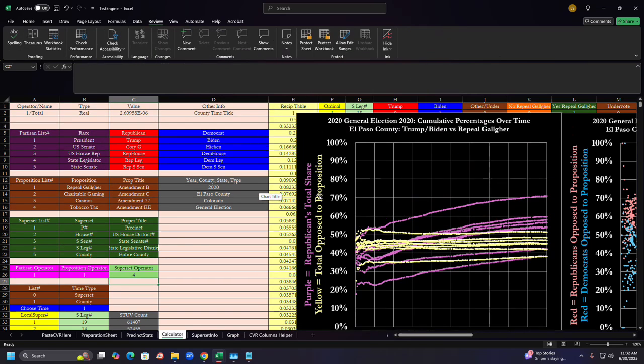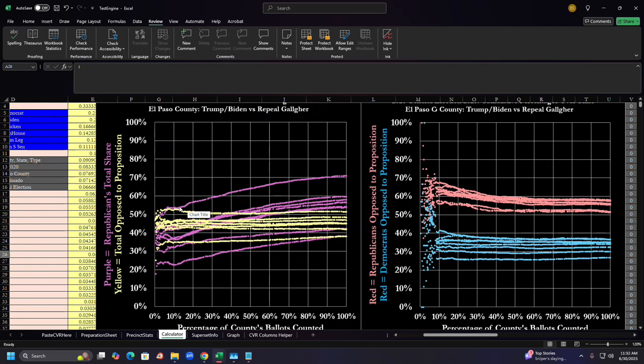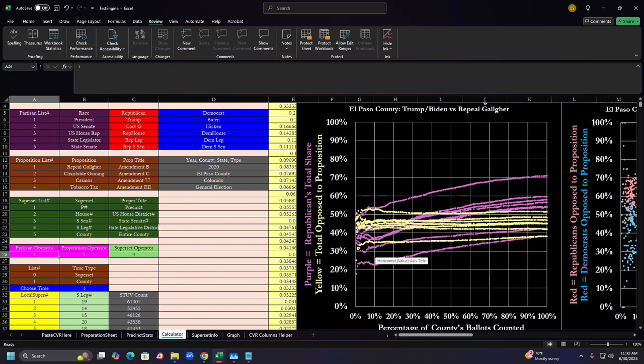And what we see here is that because we chose Trump, Trump's total share of the vote in purple keeps increasing over time, in every single legislative district, in perfect parallel lockstep motion. The beige line is the opposition rate to repeal Gallagher. So even though everybody is voting more and more for Trump over time, they go from 50 to 70% in this district, or from 20 to 40% in this district. For some reason, the way in which people are voting on the repeal of Gallagher just is not changing.